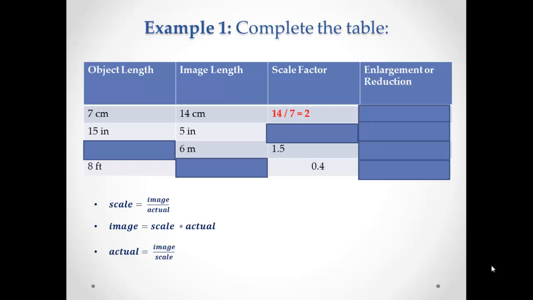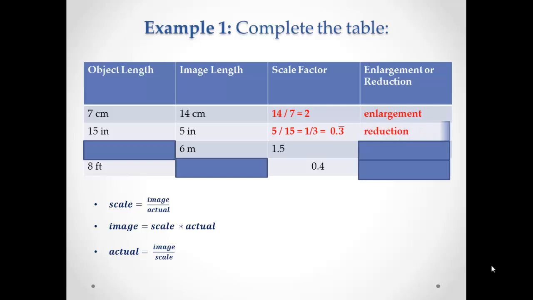Remember, a scale factor greater than 1 is an enlargement. Next one, we have the same information, so we're using the same formula. This time we have 5 over 15, which is equal to 1/3, or 0.3 repeating. And that is a reduction, because it is less than 1.